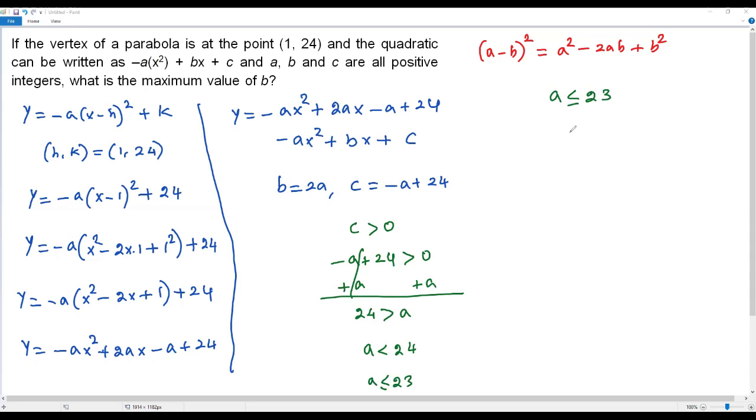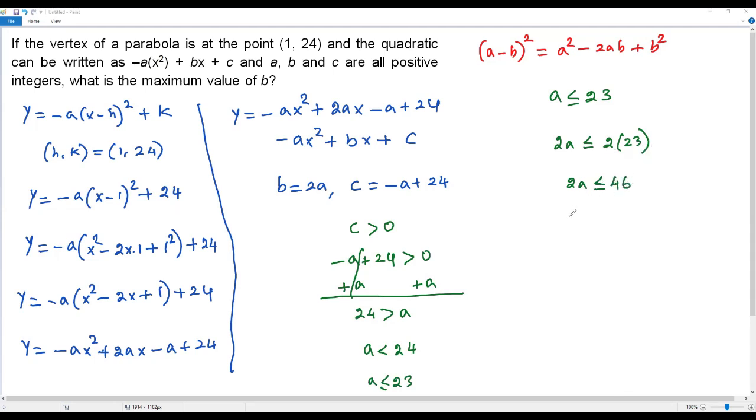Okay, now I'm going to multiply both sides of this inequality by 2. Then I'm getting 2a less than or equal to 2 times 23. And here you have a question: why should I suddenly multiply both sides of the inequality by 2? There is a reason, because here b equals 2a, that is, a is multiplied by 2 over here. So I need 2a in this place. That's why I multiply both sides of this inequality by 2. Then I'm getting 2a less than or equal to 2 times 23, which is 46.